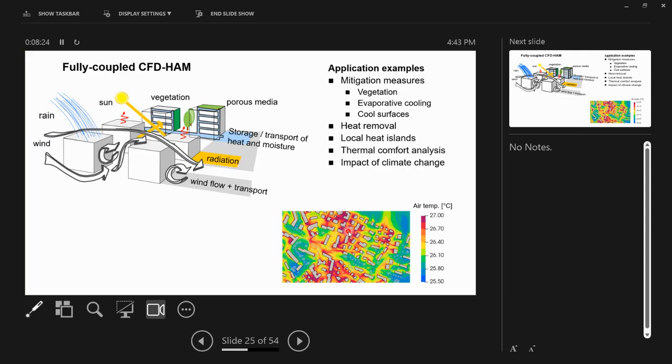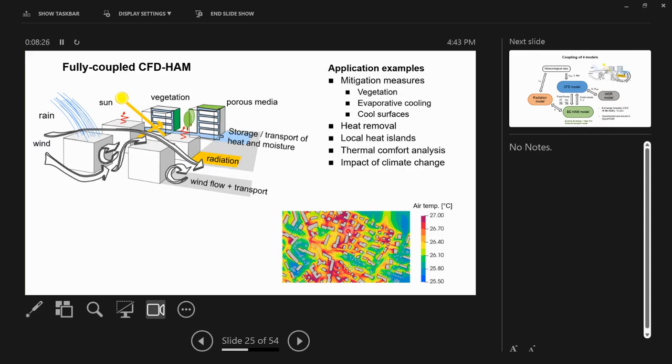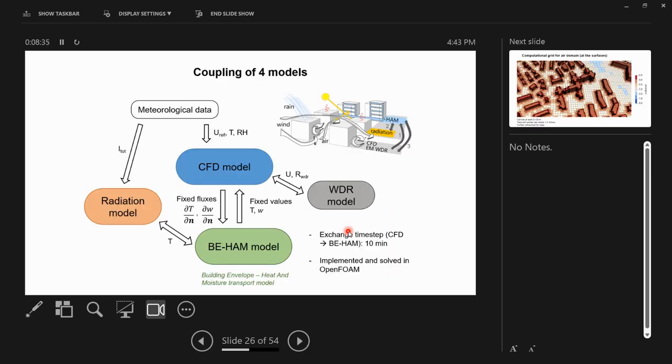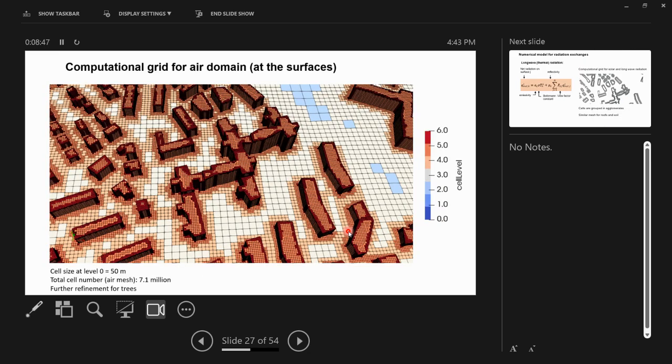Last thing, thermal comfort, where we can look at the effect of different mitigation measures like vegetation, evaporative cooling, and cool surfaces. We couple the different models. I will not go too much in the detail, but as I indicated, we have this BHAM model, which is the Building Envelope Heat and Moisture Transport model, which is also coupled.